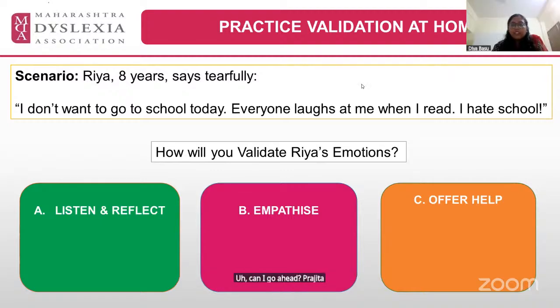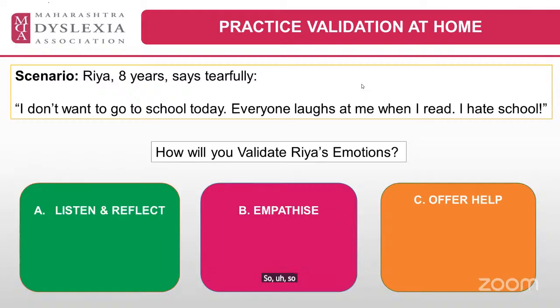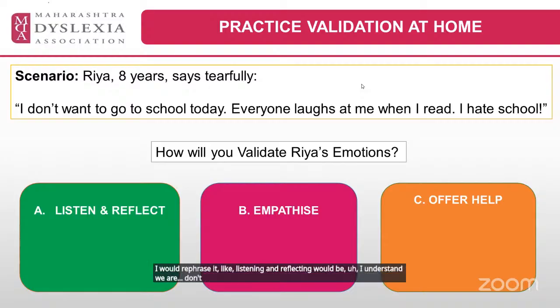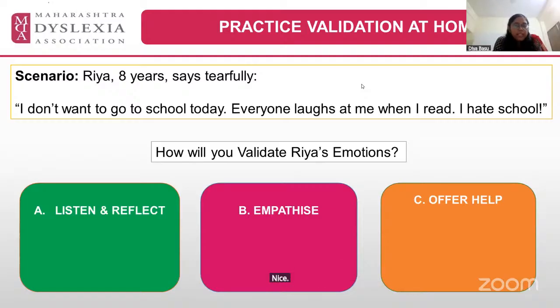Prajakta, yes. All right. So given a situation like this, I would rephrase it like listening and reflecting would be, "I understand Ria, you don't want to go to school today as everyone laughs at you," and empathizing would be, "If I would have been in your place, even I would hate going to school." Nice. And empathizing is good.